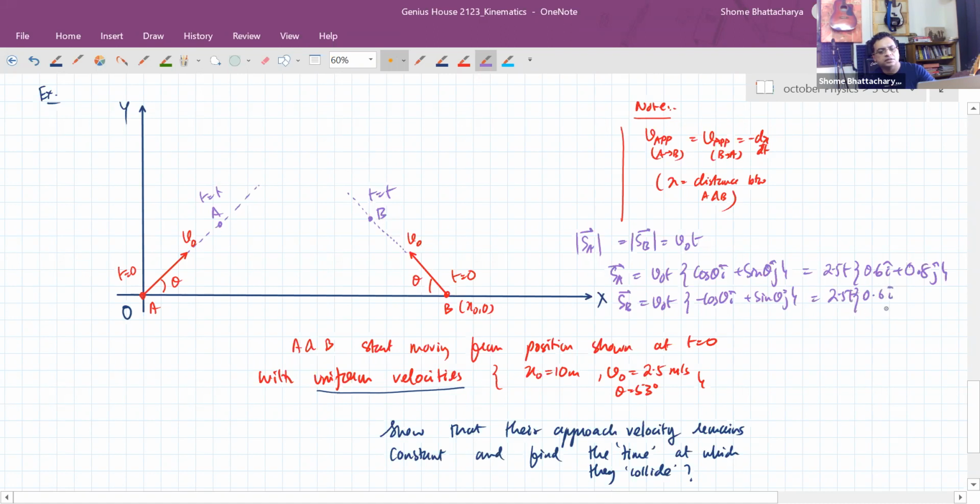So minus 0.6 i cap plus 0.8 j cap. You can see that the y coordinate of A will always be equal to the y coordinate of B, which will be 2.5 into 0.8. So that's how much now? 2.5 into 8 is 20.